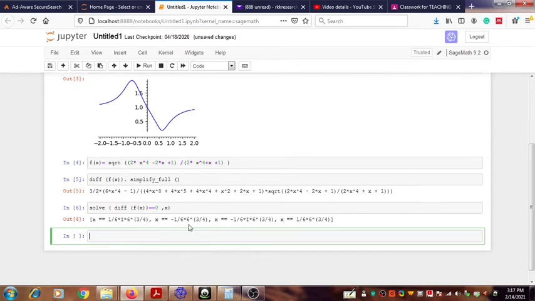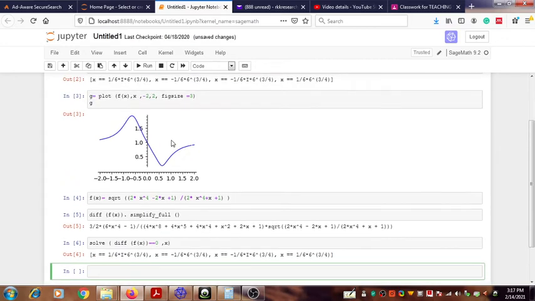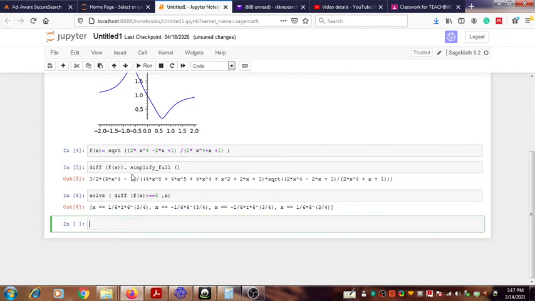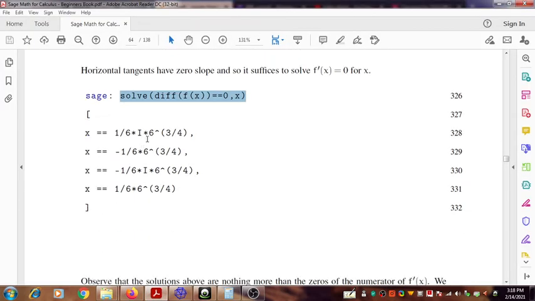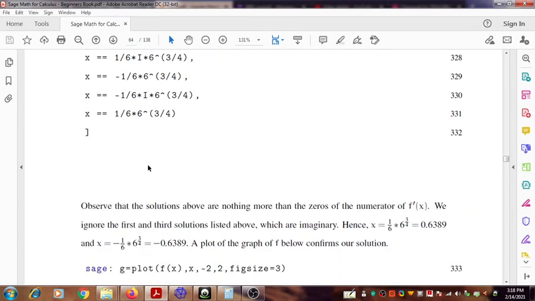We don't want those complex roots because we are not considering the complex plane. Here we are considering the real axis of x and y axis. So we are not interested in complex values obtained as roots. Therefore we move to the next step by accepting only the second and the fourth value, which are real numbers.